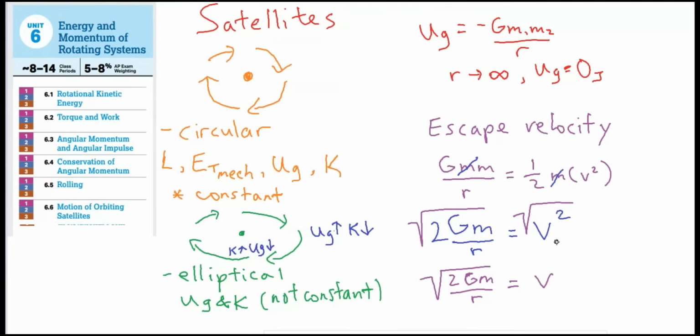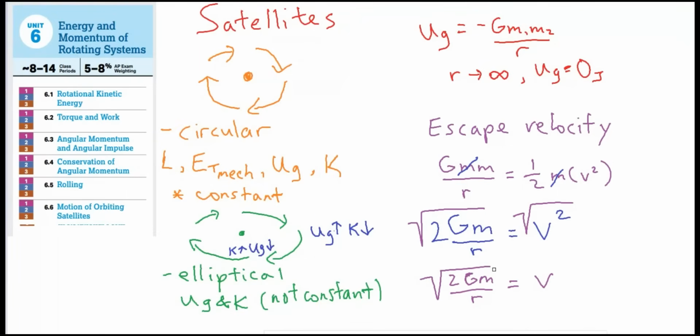So with a little bit of algebra and rearranging, we get the escape velocity equal to the square root of 2GM over R. The m that drops out is the thing that's moving away from that larger body. So say, for example, it's a rocket trying to escape from Earth. The mass of the rocket is going to cancel out, and the mass of the Earth is going to be our remaining M.